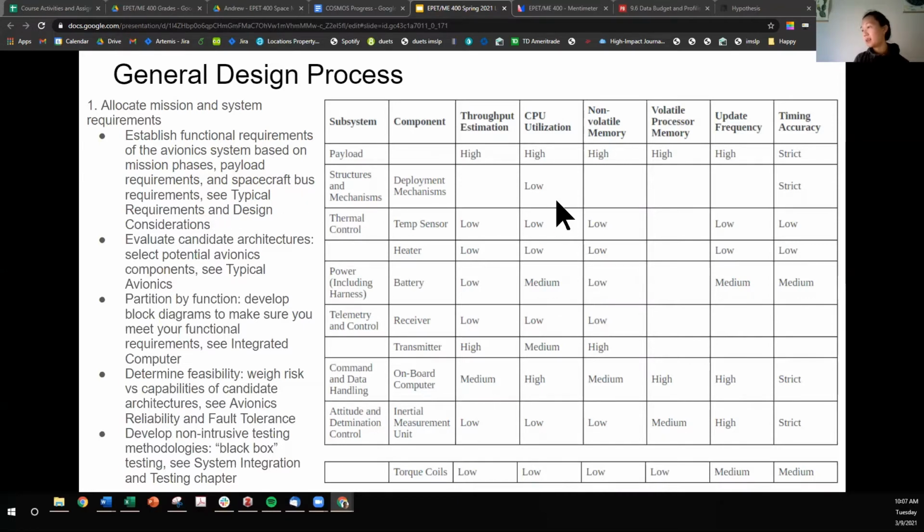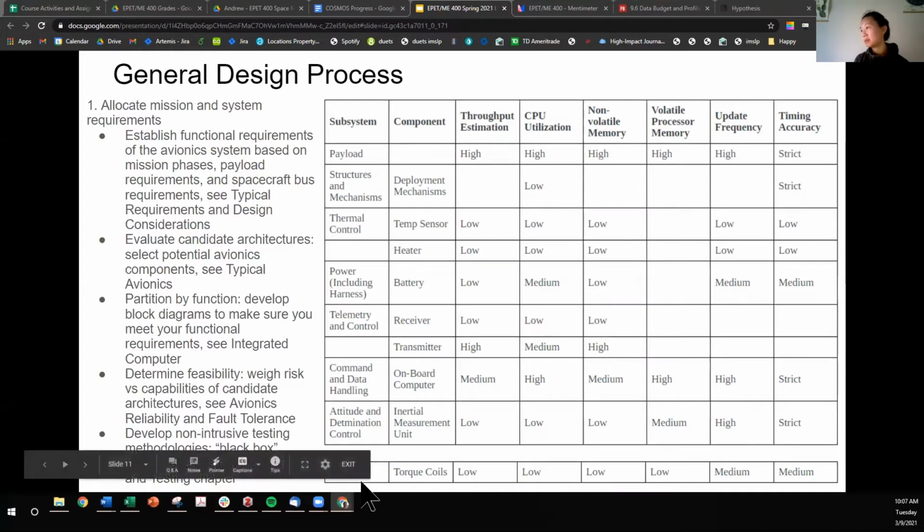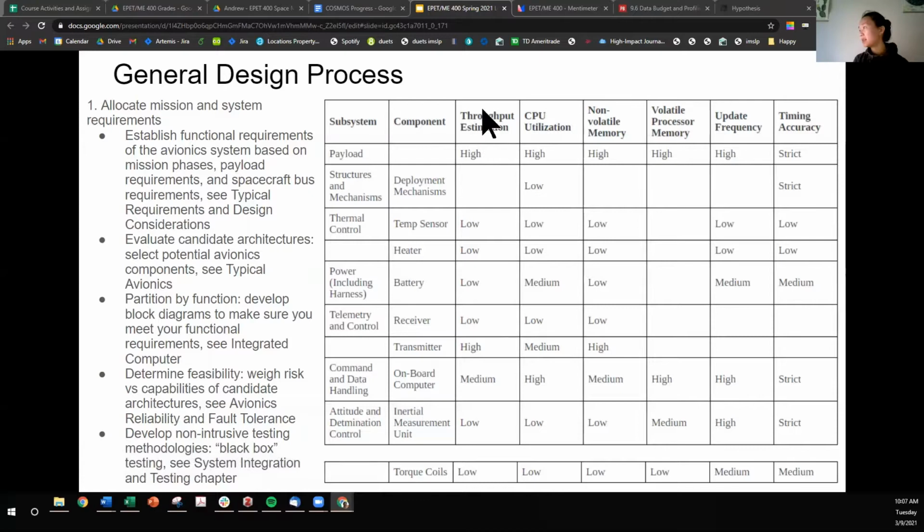You'll see here that we have all of the different subsystems, their components, and then up here in this table, the column headers are different performance metrics that you could possibly consider to inform how to design your onboard computer or your other avionics. So we have throughput estimation, which is the amount of data that you can possibly shove through a channel.